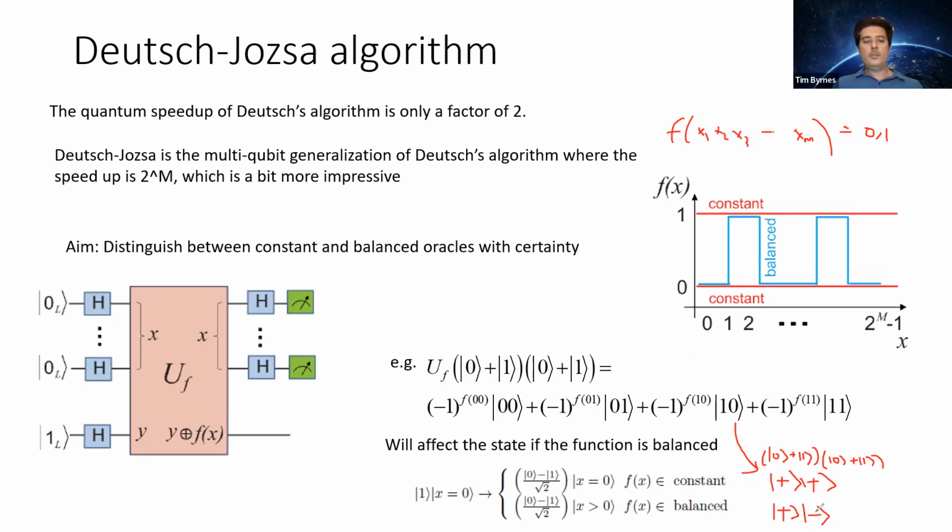So the signal of a minus state over here will indicate that it's balanced, and essentially you've only evaluated this once. This oracle only needs to be applied once, and you did this kind of parallel evaluation of the state, which classically you couldn't do. So you can get a quantum advantage in this case.